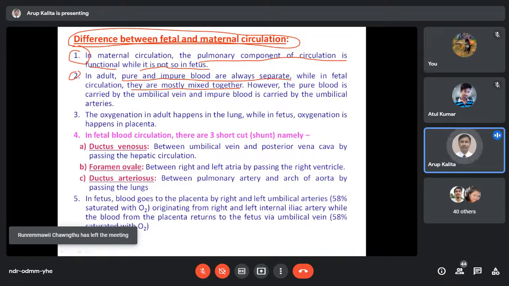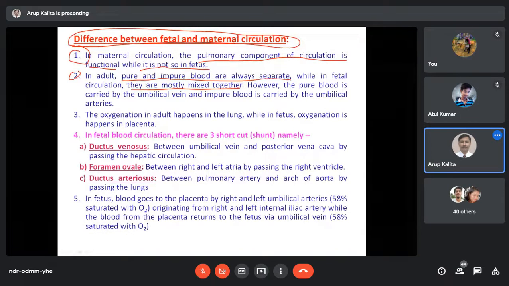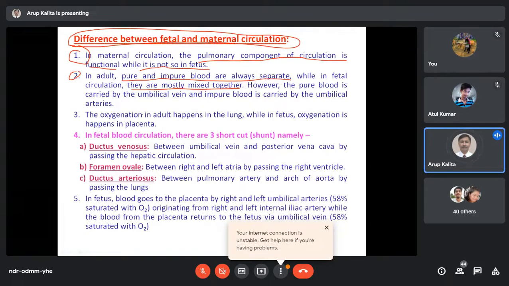The fetus is getting pre-digested food. So there is no requirement of metabolic activity of the cell. Metabolic activity is performed, but not like an adult animal. That is why it is indifferent if the mixing of blood takes place; there will be no problem in the fetus.